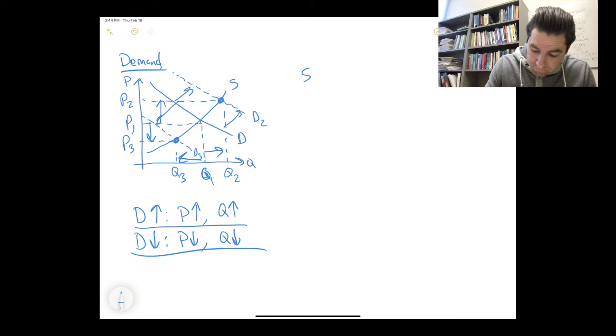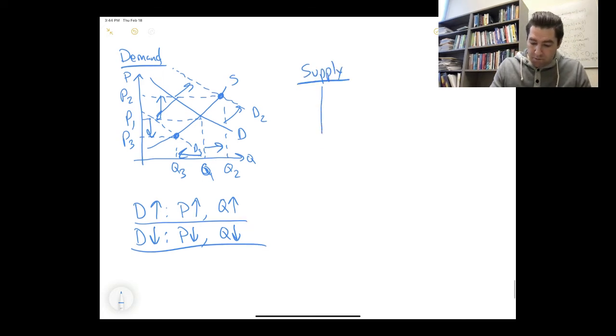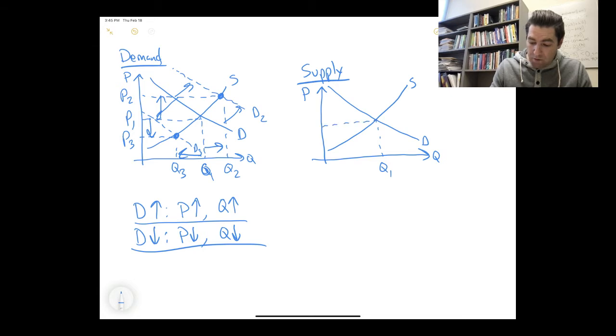Supply, we draw shifts in supply here. Typically they involve opposing effects on price and quantity. So here's the quantity, here's the price.